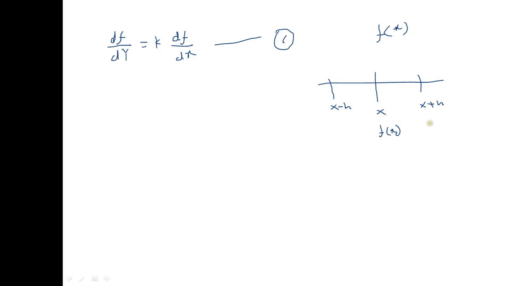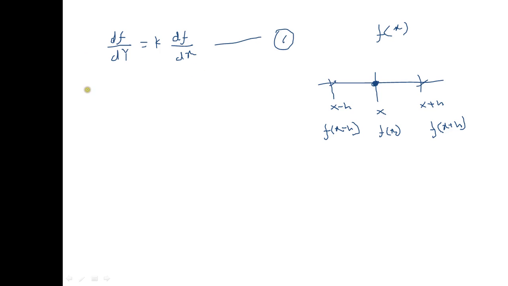The value at this point is f(x plus a), right? And the value at this point is f(x minus a), right? Okay, so we want to determine the value at point x on the basis of these two node values, something like that.